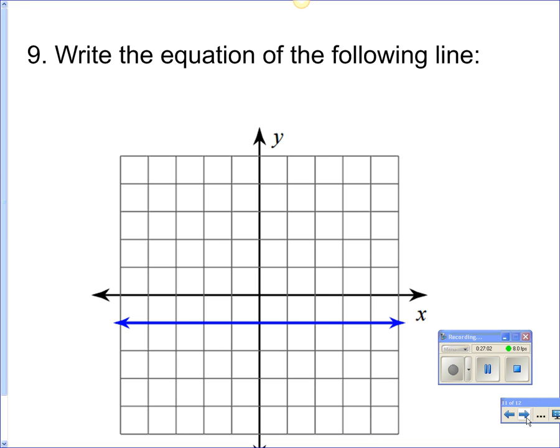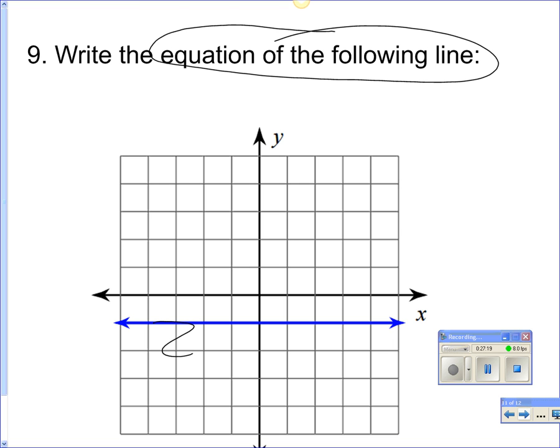All right, next one. Write the equation of this line. Tamara, what can you tell me about it? Okay. Bishop, what else can you tell me about this one? 0 what, Bishop? Very good. 0 slope. Great. This one is 0 slope. Zaria, what do you have to do for 0 slope?